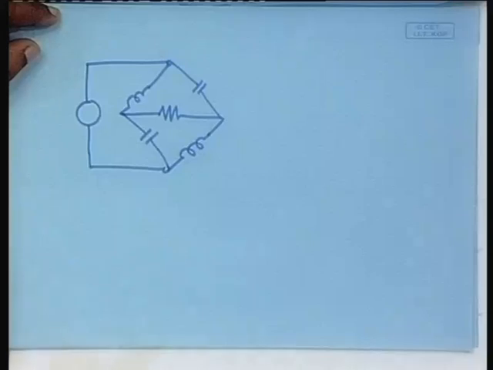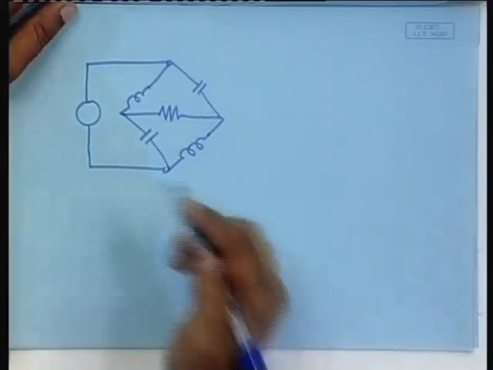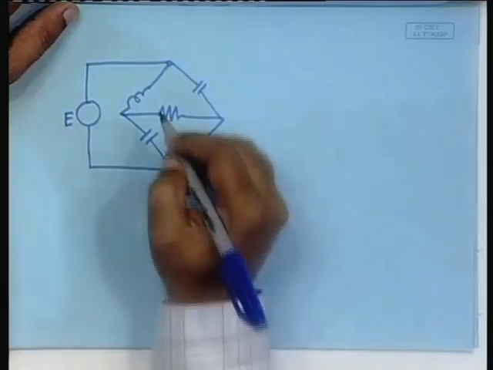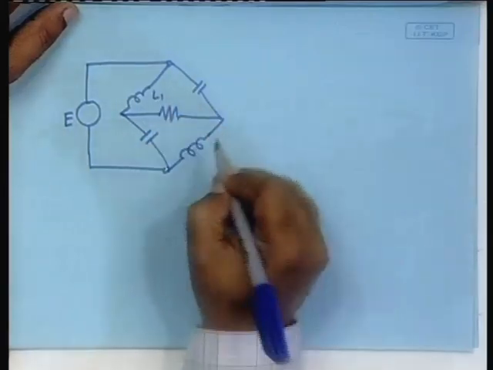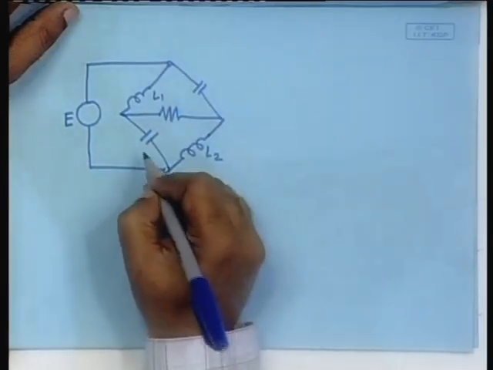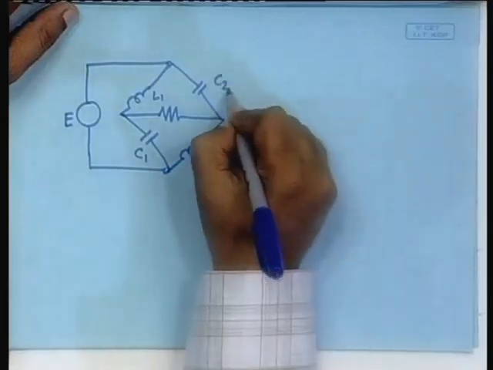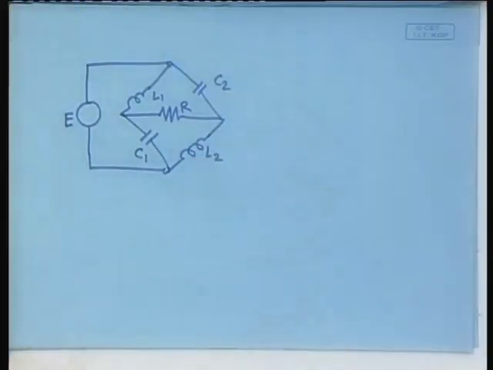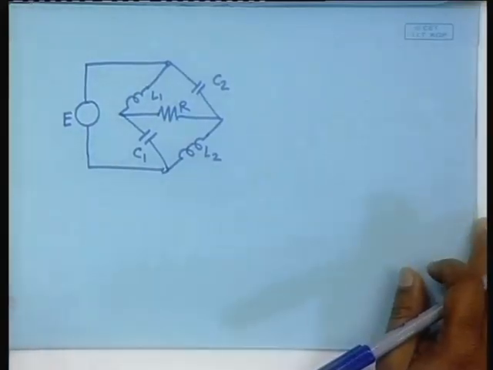By other methods it will be extremely difficult. By this method it will be rather simple. So, it is L1, L2, C1, C2, R. Do it. First, quickly draw the graph.